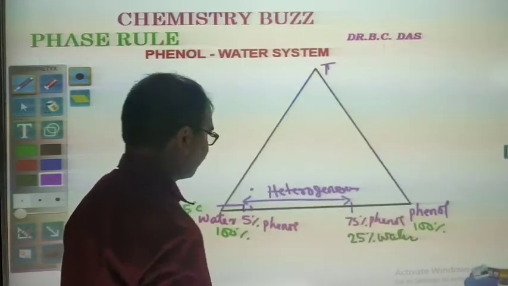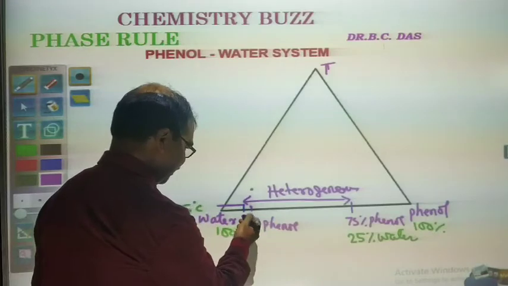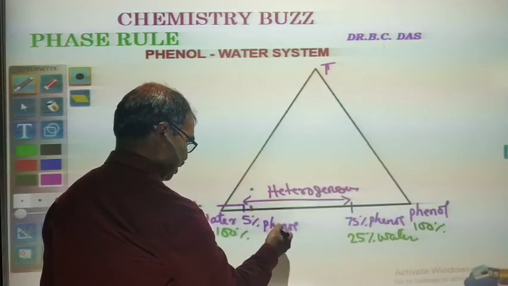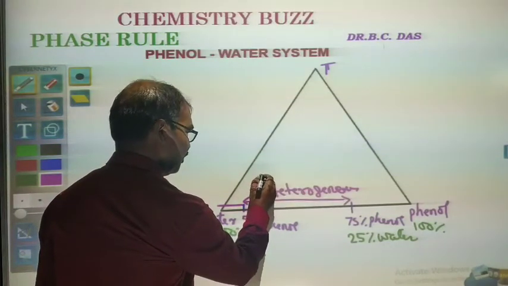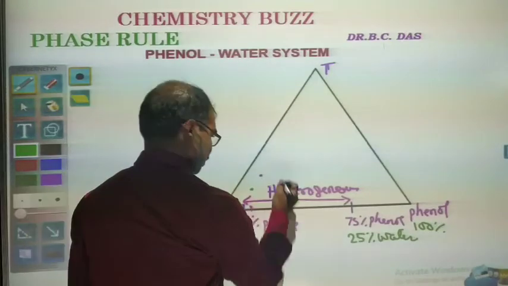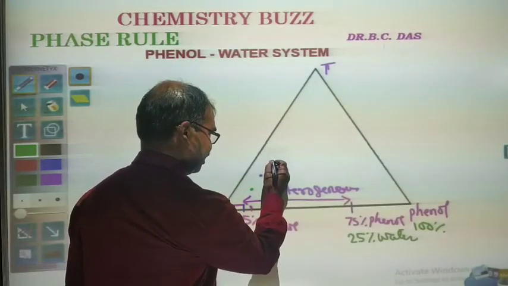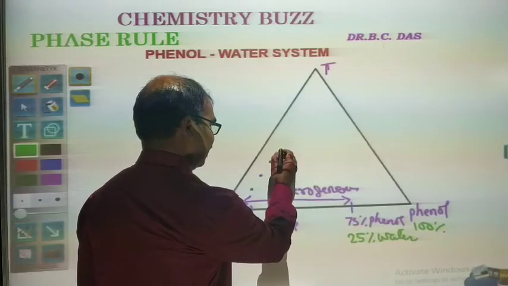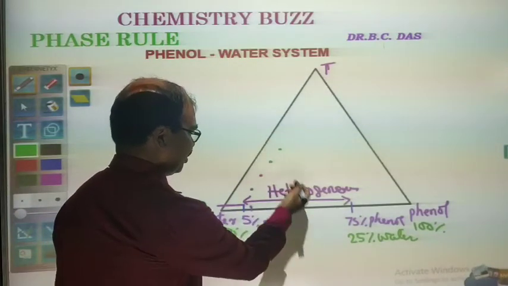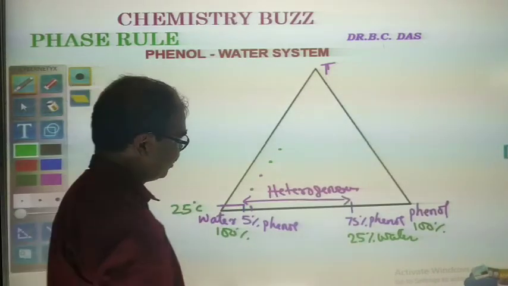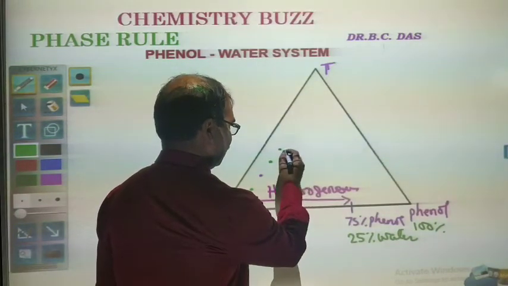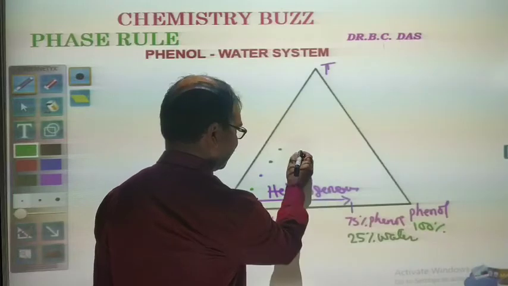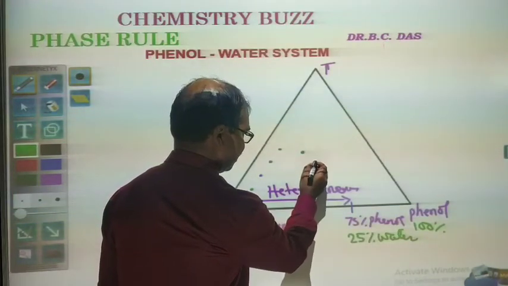When we again increase the phenol composition, this also increases, and if we increase further, then the miscibility occurs at a lower temperature.